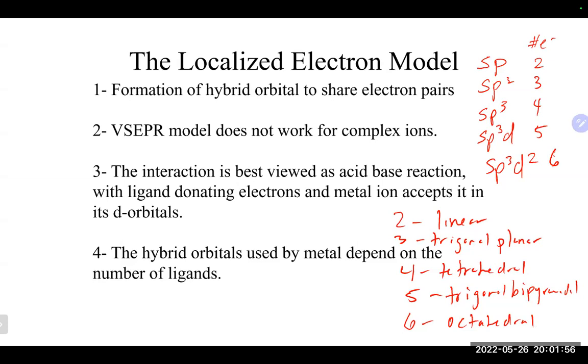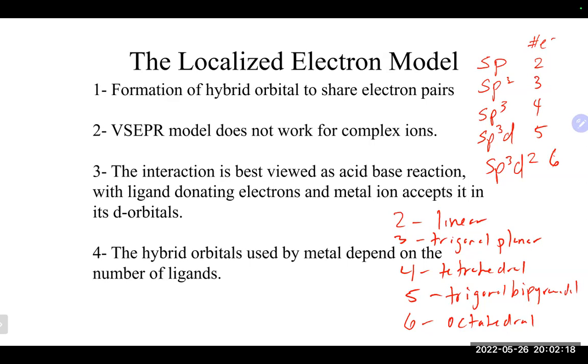So we do get some of these geometries in complex ions. Depending on the coordination number, a lot of times we'll get tetrahedral. We'll also get some square planar, linear, and octahedral is a very common one.